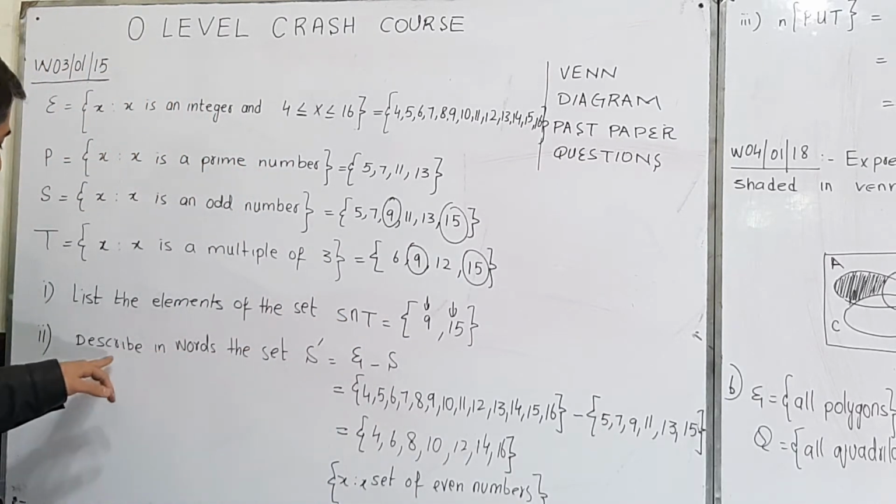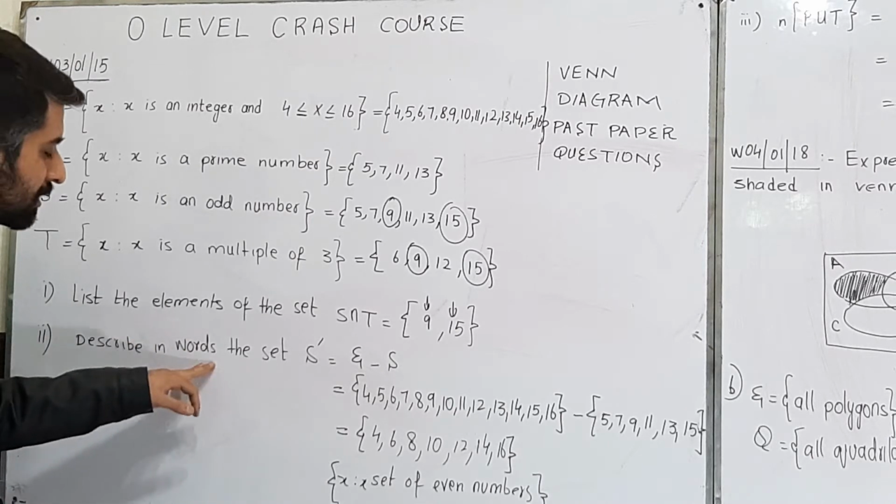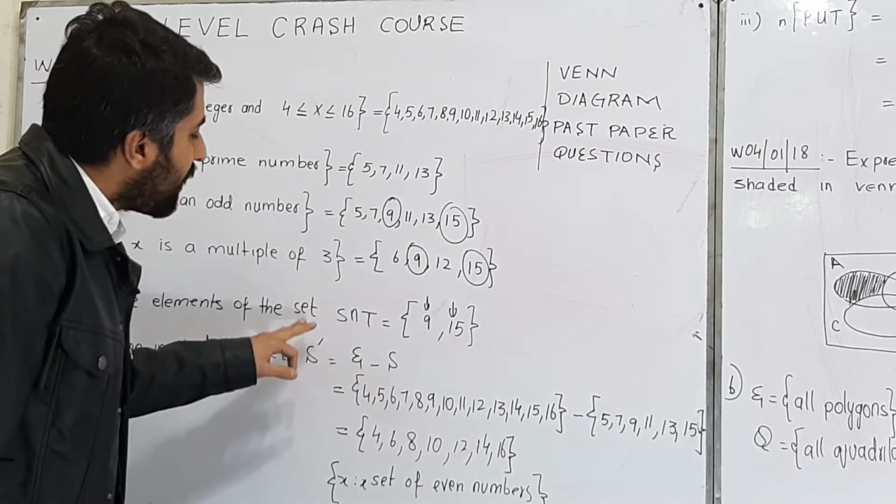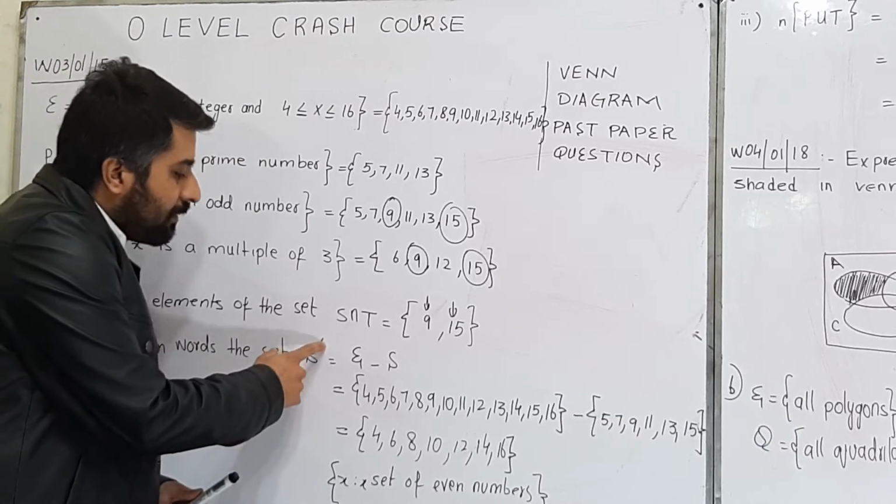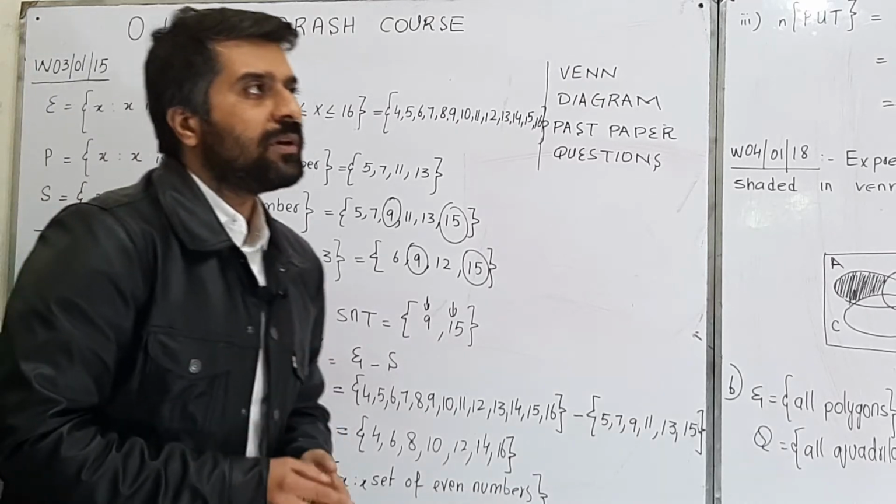The second one was: describe in words the set S complement. Now this prime indicates complement.